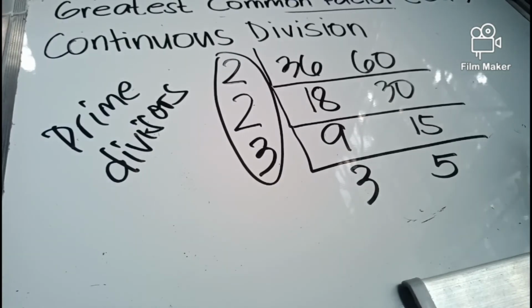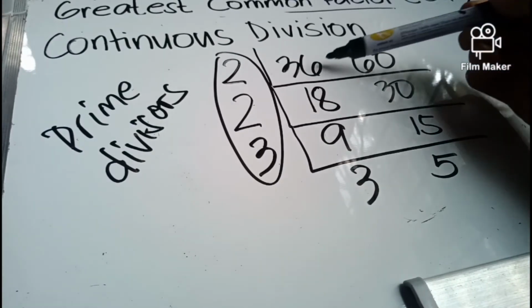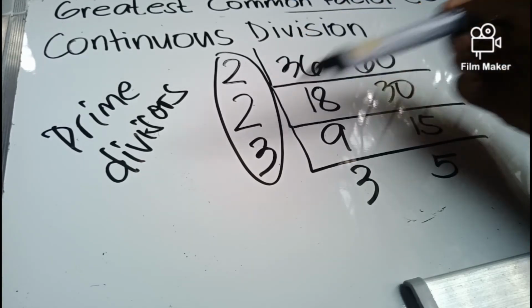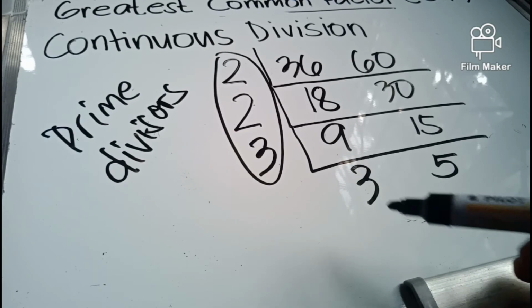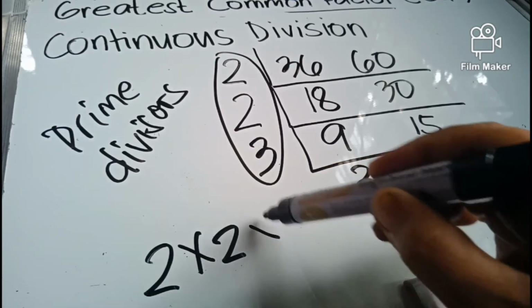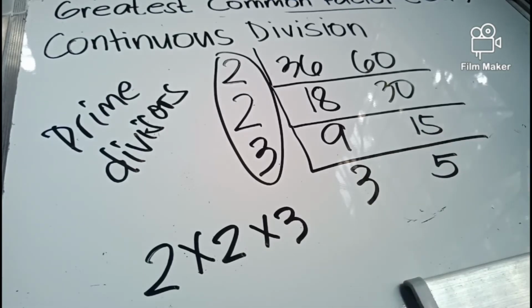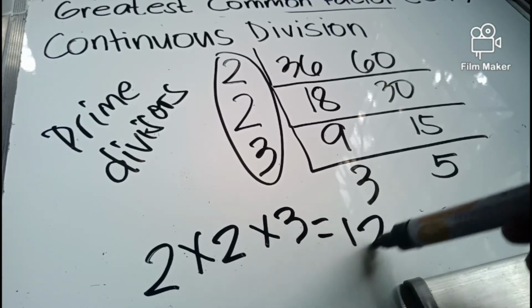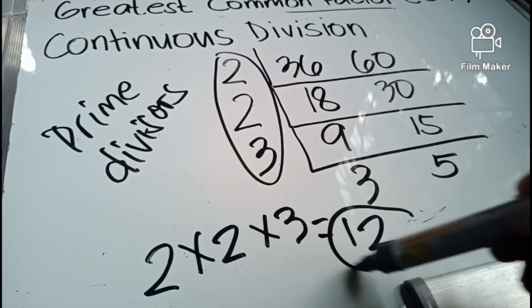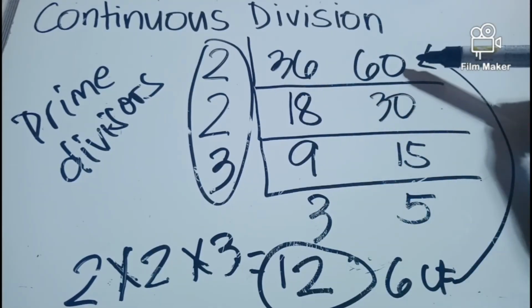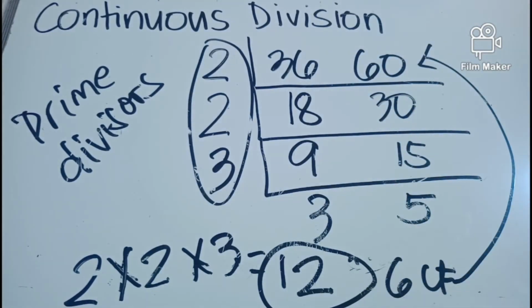So, para mahanap natin ang GCF ng 36 at 60, i-multiply natin itong mga prime divisors. So, we have here 2 times 2 times 3. So, multiply natin. 2 times 2 is 4 times 3 is equals to 12. Therefore, the GCF 36 and 60 is 12.